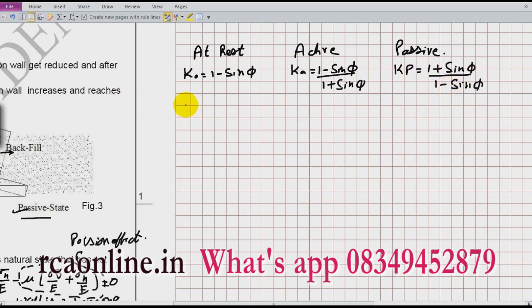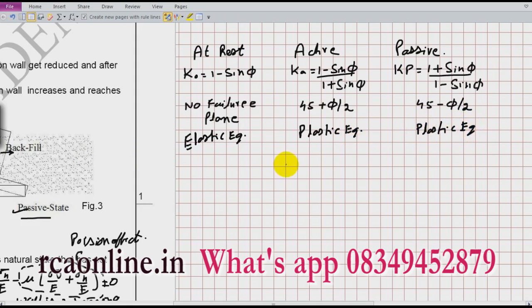At rest, there is no failure plane. For passive, the failure plane is at angle 45 plus phi by 2. For active, the failure plane is at angle 45 minus phi by 2 with the horizontal.